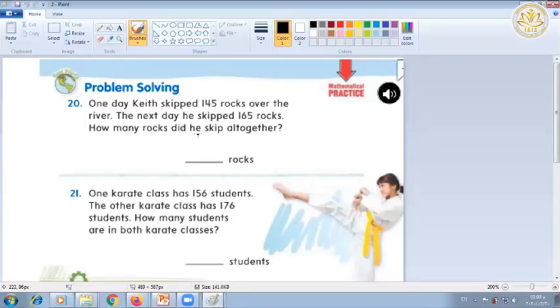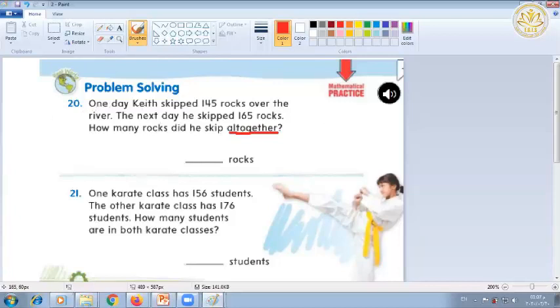How many rocks did he skip all together? And of course, we know that the words all together mean what? It means that I want the whole number, and the whole number means I will have to add. Now I want all the numbers together.